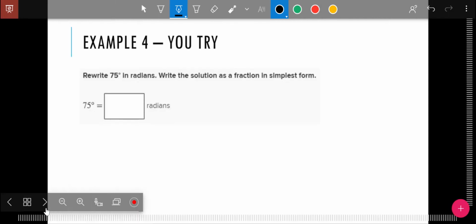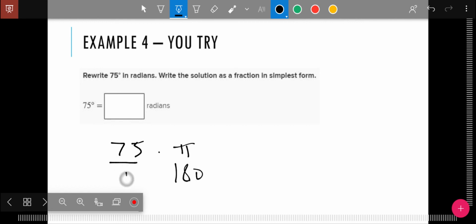Let's look at another example. All right, and you give this one a try first. Pause the video here, give it a try, see if you get it right. All right, we would do 75 times pi over 180.